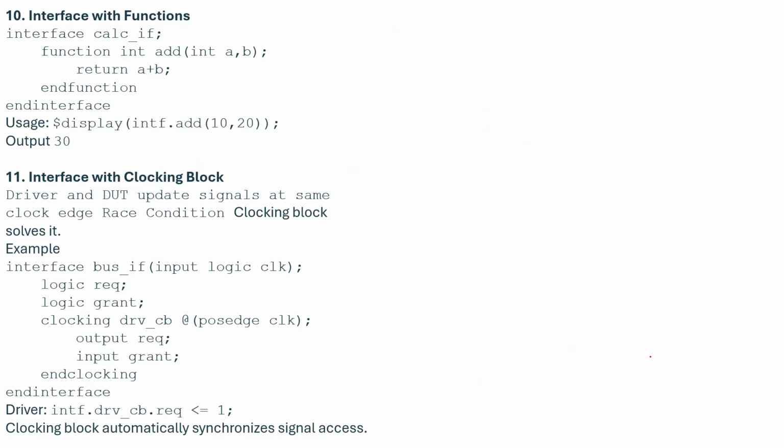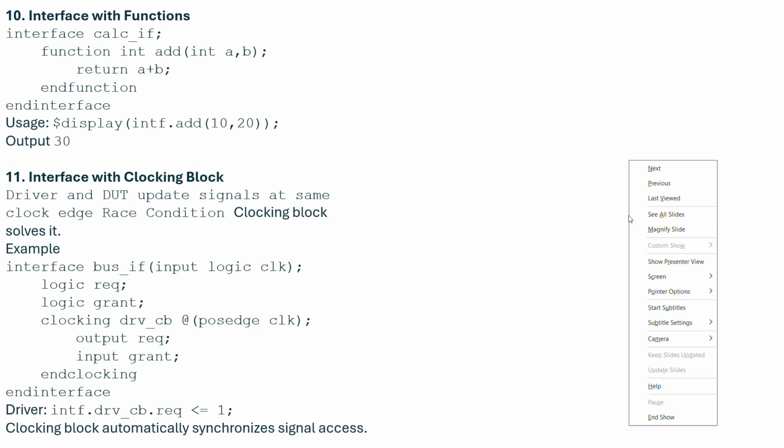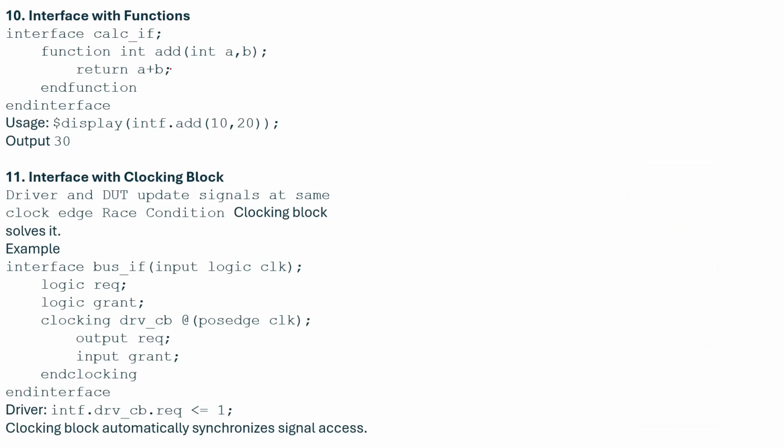That function will return a single value. Here, what is it returning? Some value. So add is the value, return a plus b. So use the display function: display interface dot add comma 10 comma 20. So that means addition will be happening through the interface.